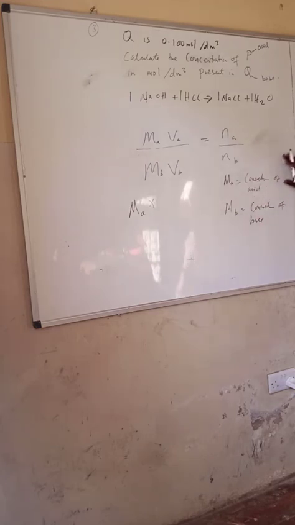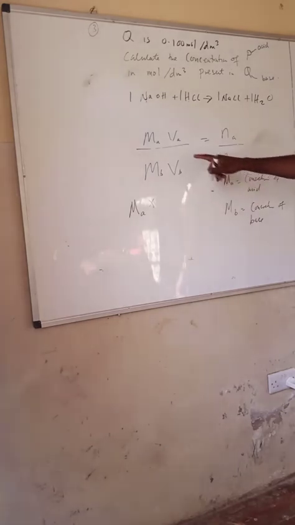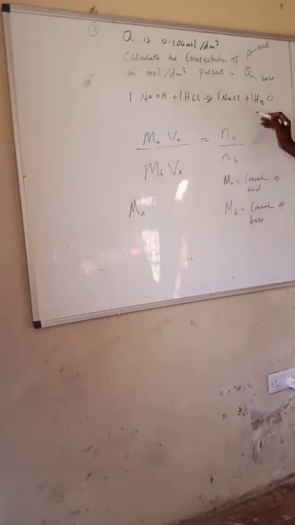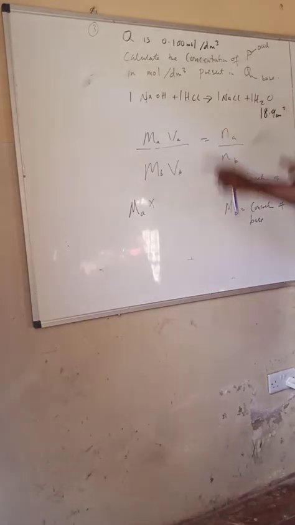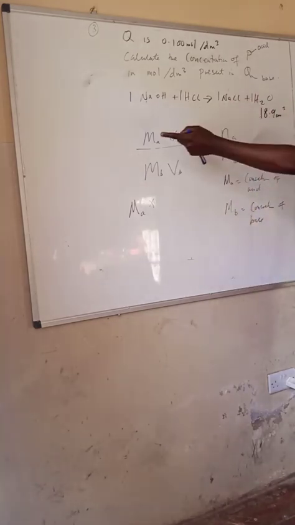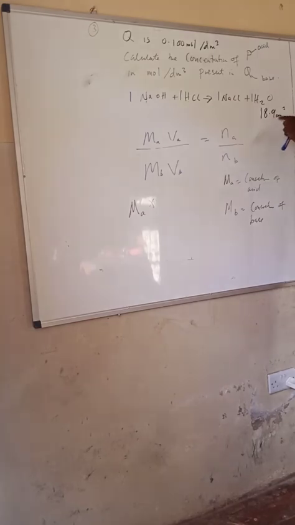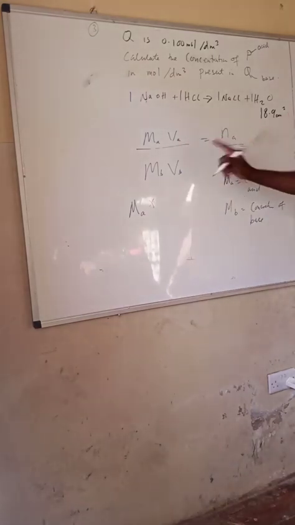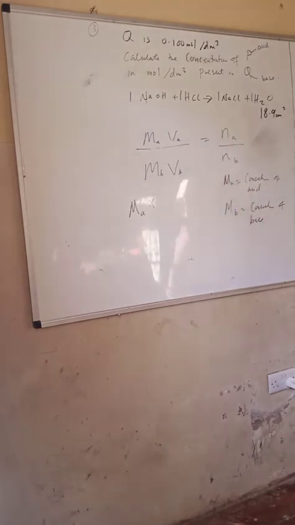So we're looking for the volume of the acid. Remember the acid we got in the average titration? The volume was 18.9 cubic centimeters. That's the volume for the acid. Whenever you're using this in any formula, you convert to decimeters.